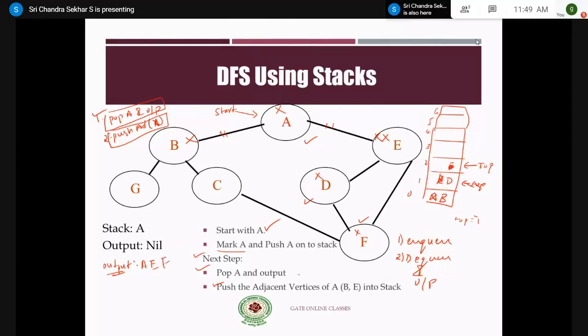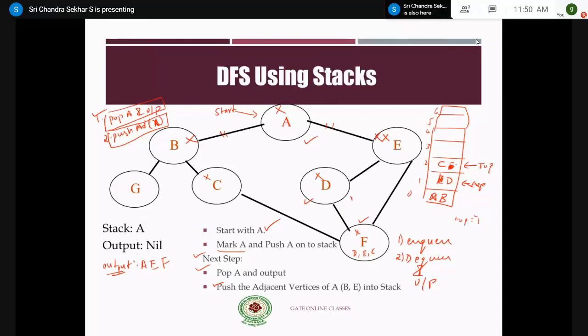Now you have to push the adjacent vertices of F. What are the adjacent vertices to F? The adjacent vertices are D, E and C. But D and E are already visited. So the other unvisited vertex, C, should be pushed into the stack.